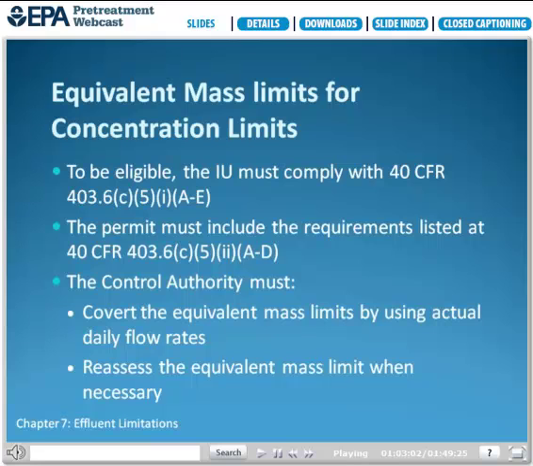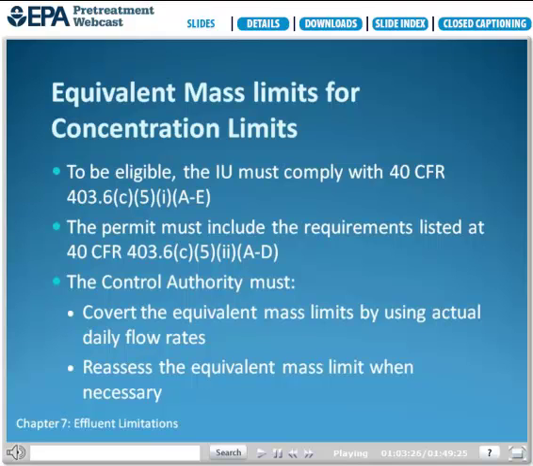There is a rather detailed process to verify water conservation practices and proper pretreatment, and verify that the proper pretreatment is in place. And this is described more fully in the regulations. This will be discussed further in future webcasts.